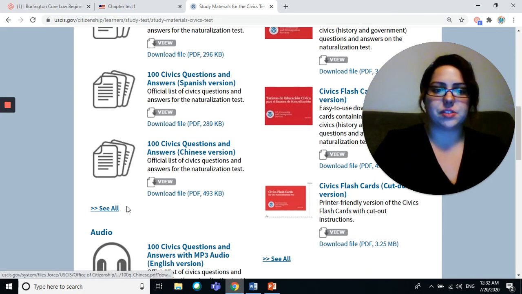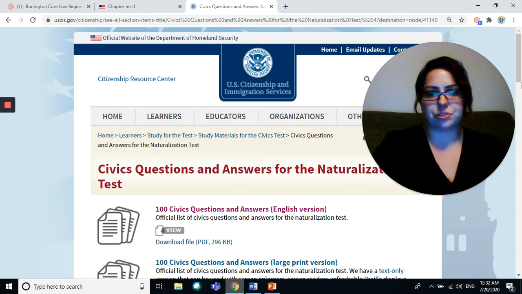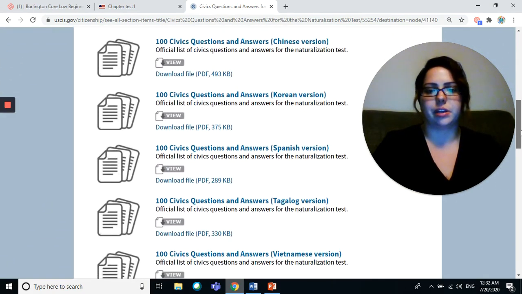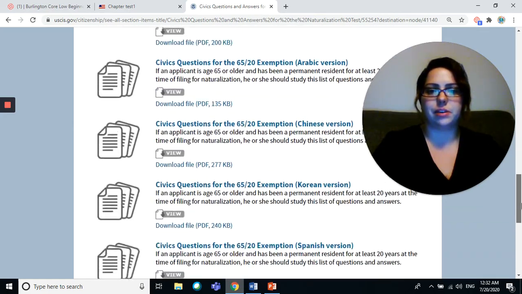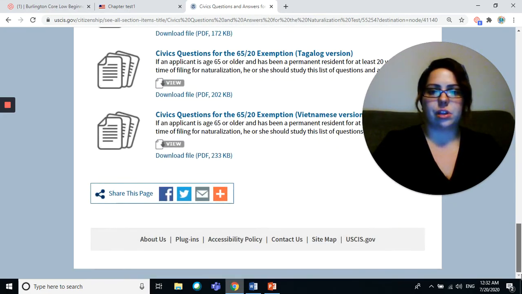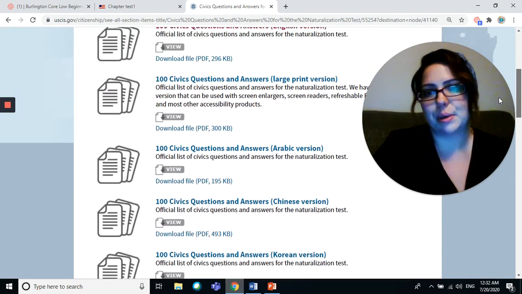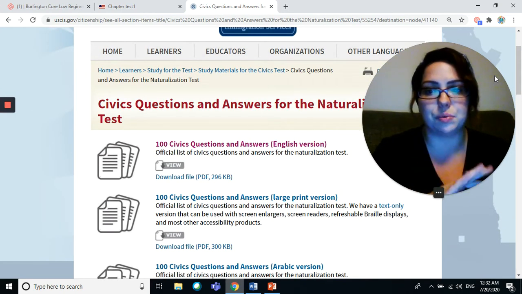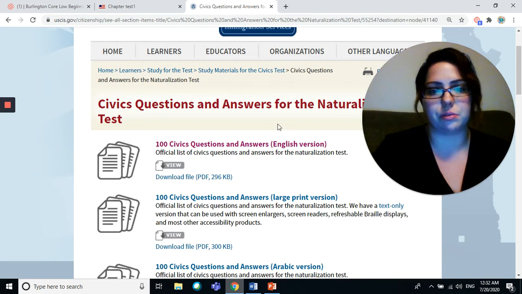There's also a Chinese version. You can go to see all. You can look at the translation to help you understand the question. Arabic, Korean, Tagalog, Vietnamese. There are a couple different languages, but I would study in English so that you know the words. If you want to see a translation, you can look at your language.